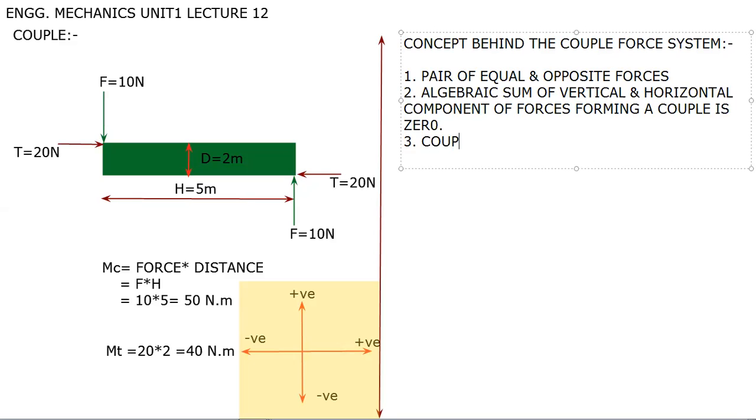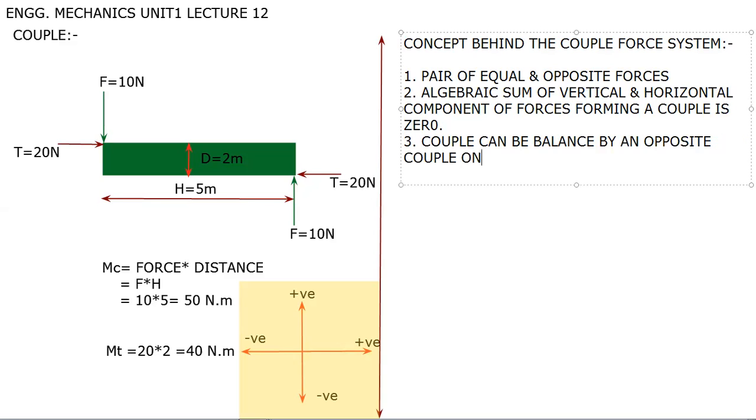So a couple can be balanced by an opposite couple only, or we can say a couple cannot be formed by a single force.